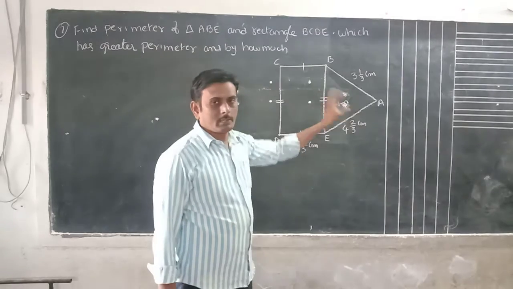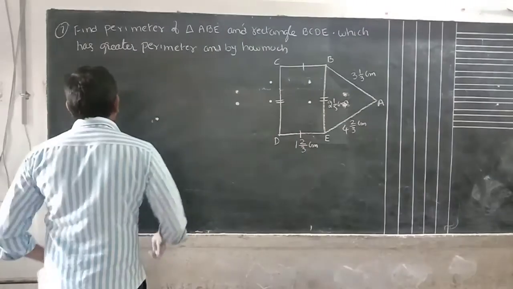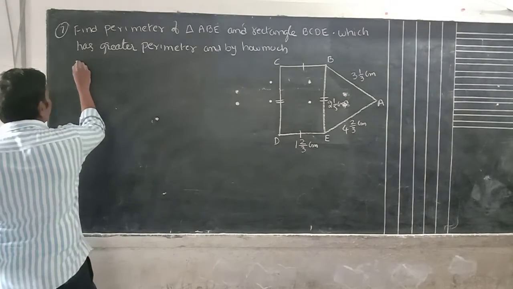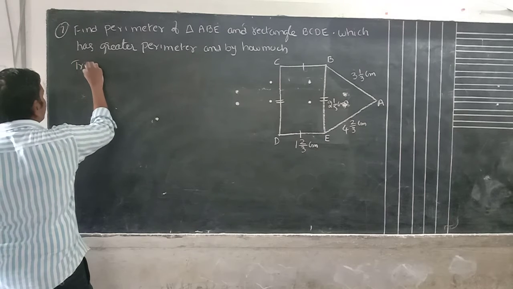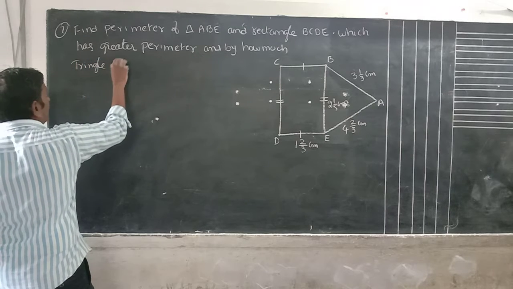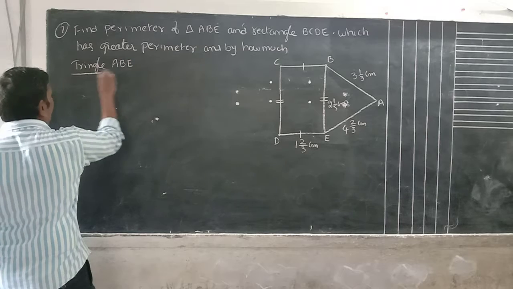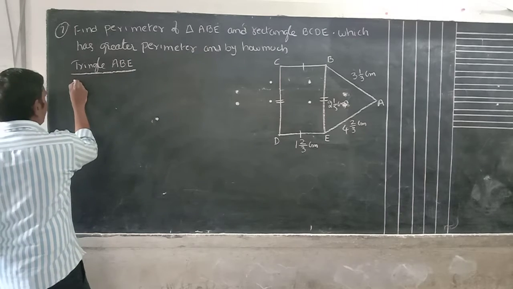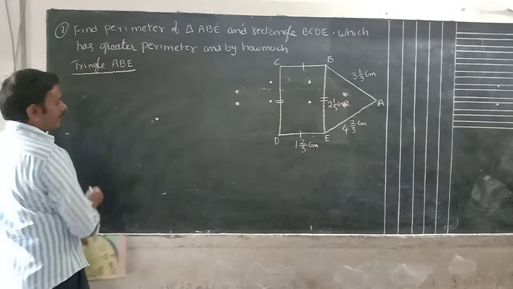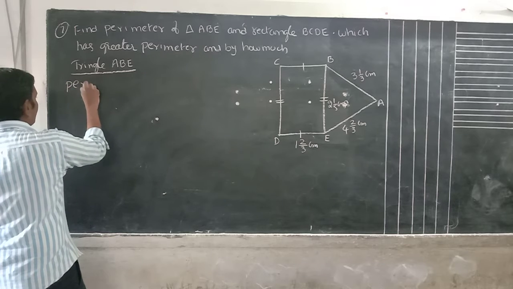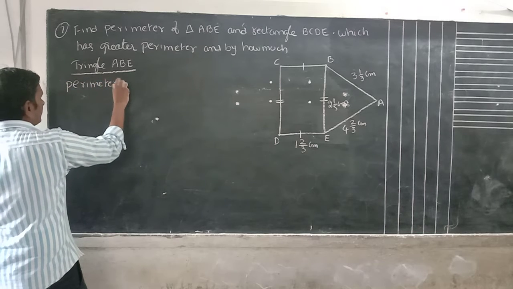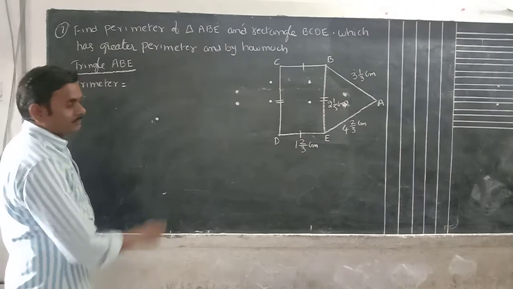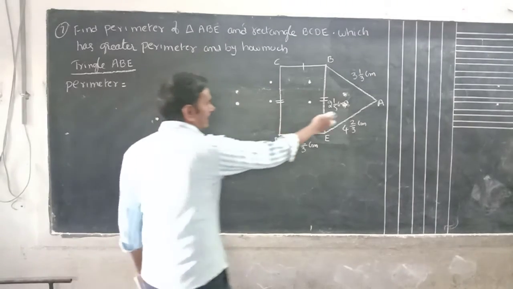Okay, first calculate the perimeter of each. Now I will take triangle ABE. What are the sides here? Sides we have to add. Perimeter means sum of three sides. What are the sides here?